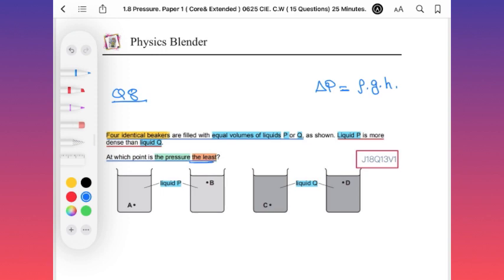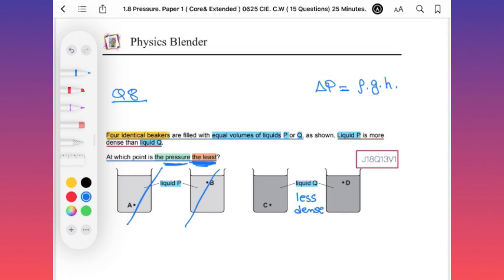Liquid Q. So you have to exclude liquid P because it's denser. So we have to exclude A and B. So liquid Q is less dense, which means least pressure.